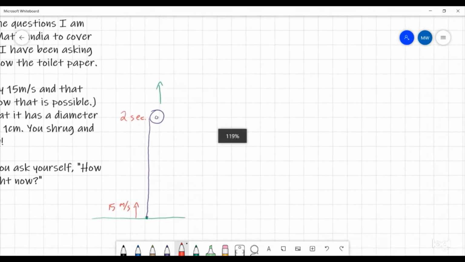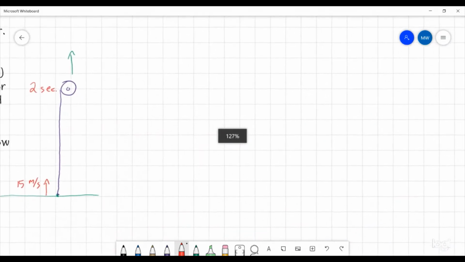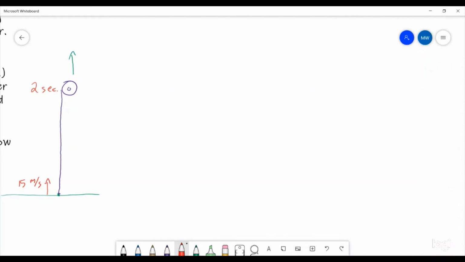So let's slide on over and try and figure out what's going on. So we have our diagram. It's going up, and then we are trying to figure out what's happening. Well, we know that gravity is equal to 5 meters per second squared, and gravity is an acceleration. Which means that if gravity is 5, and I know that the derivative of velocity is acceleration, what's a function whose derivative is just 5?